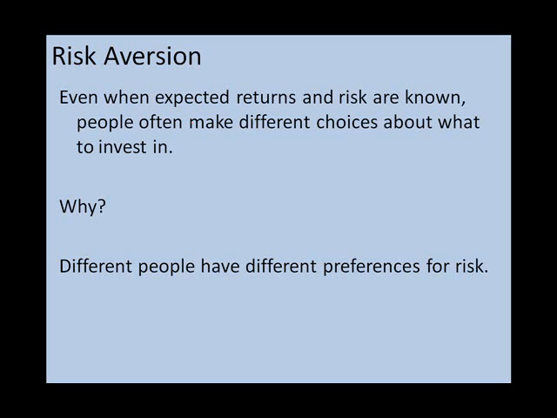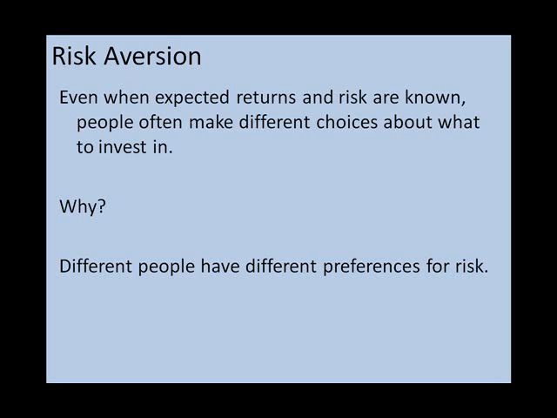Even when everyone knows and agrees upon the expected returns and risk, people still make different choices. Why? Different people have different preferences for risk or different tolerances for risk. Some people are able to cope with taking high risks, while other people are very risk averse and don't like to take any risks if possible.